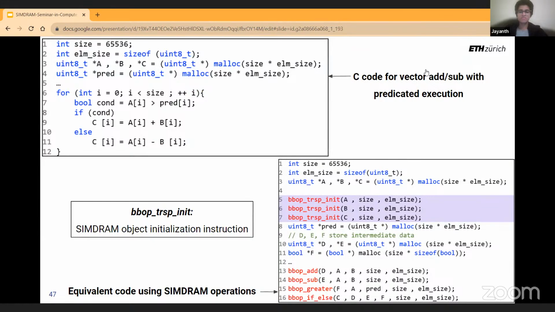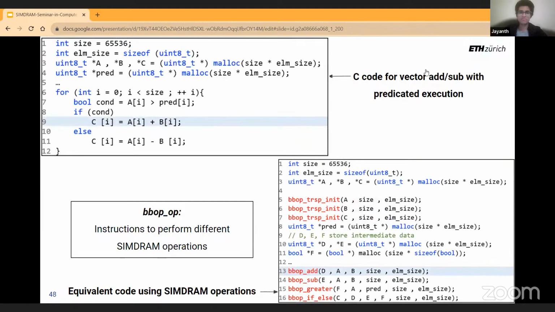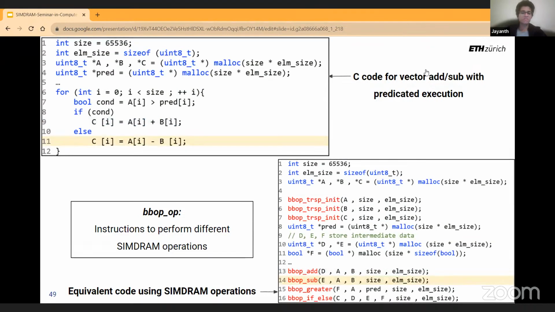So we first use the SIMDRAM object initialization instructions as we saw in the previous slide to transpose our data. That is the highlighted part shown here. And then we have addition from C code, which corresponds to SIMDRAM addition, which is the bbop_add addition here. And the same goes with subtraction. And then we have the bbop greater instruction to check for our condition.